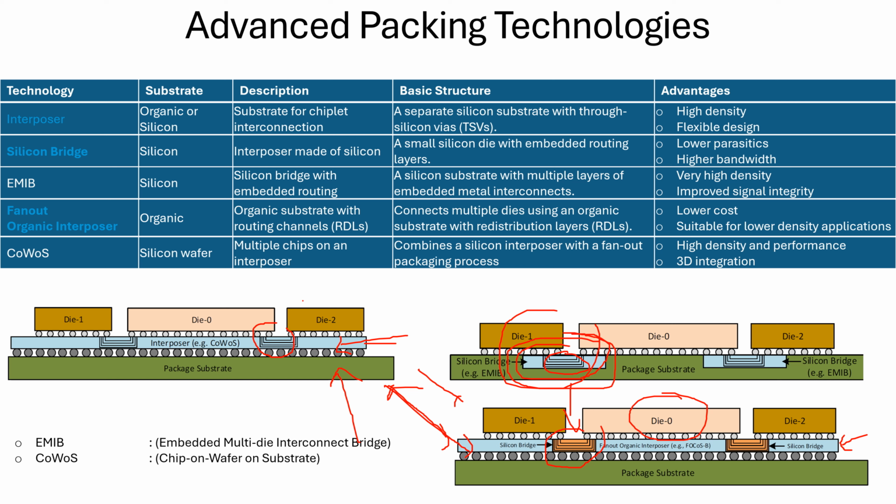Lower cost, suitable for low density applications. And what do you mean by the die? This die has a fan out feature, RDLs, for distributing the pad connections. One example of fan out organic interposer is FOCoS, fan out chip on substrate embedded bridge.